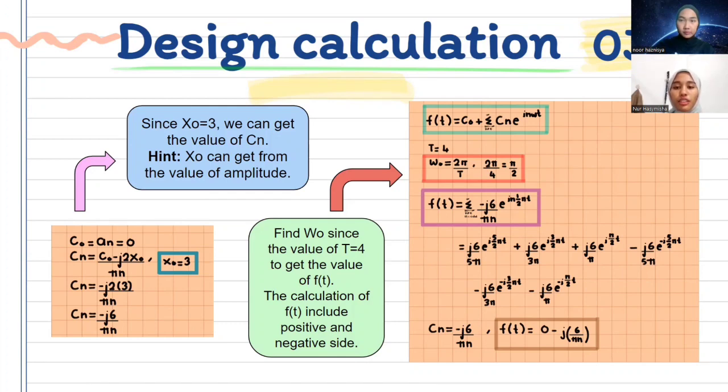So we substitute the period into the omega node formula, which is 2 pi over T. Substituting T equal to 4, we get pi over 2. After that, we proceed to find f(t), which is the sum of Cn exponent imaginary n omega node t. Then we find the positive and negative sides of the Cn.